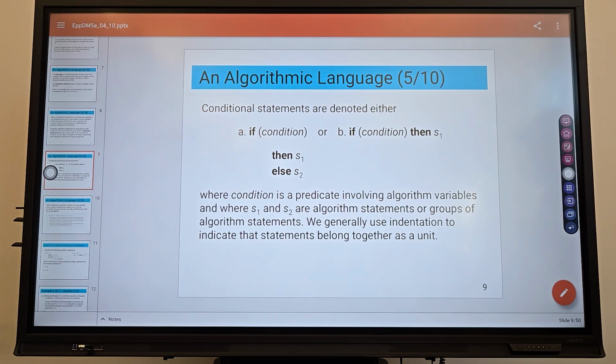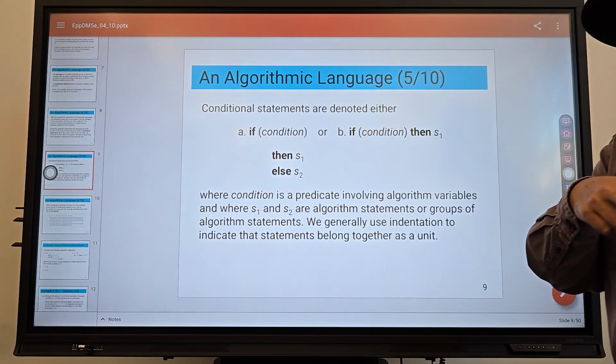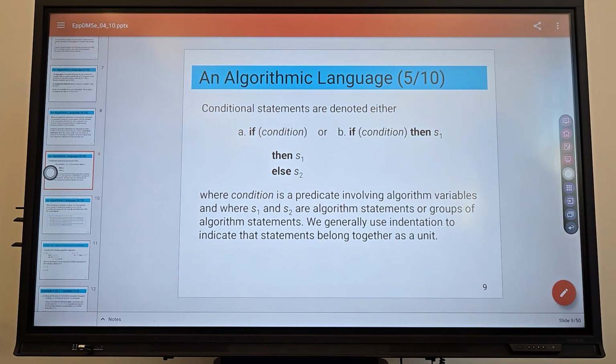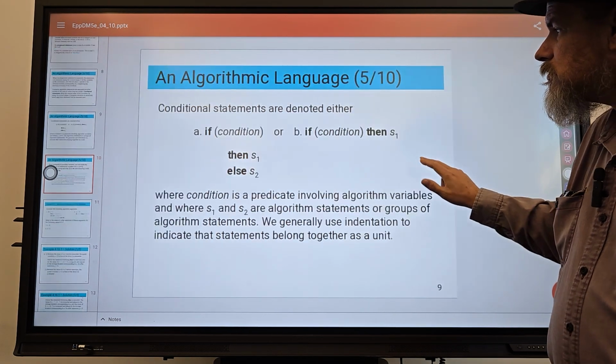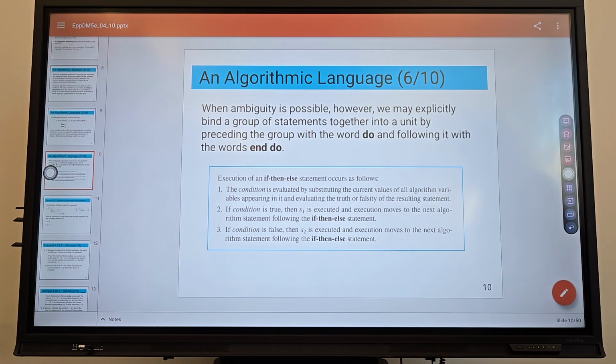Generally use indentation to indicate that statements belong together as a unit. Using indentation to designate blocks is from Python. When ambiguity is possible, however, we may explicitly bind a group of statements together into a unit by preceding the group with the word do and following it with the words end do.